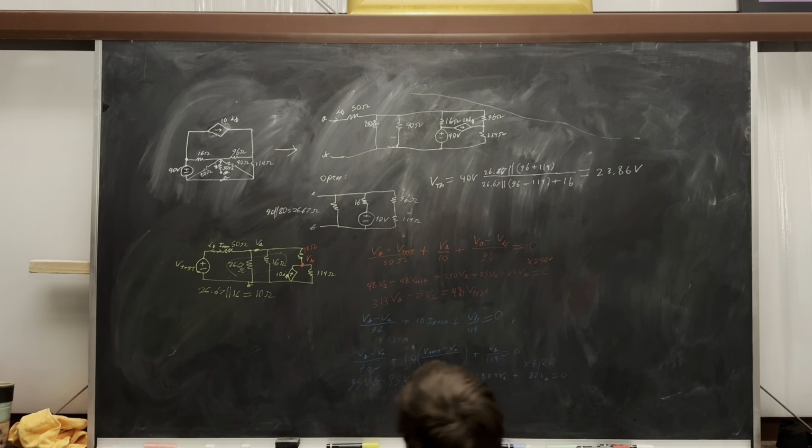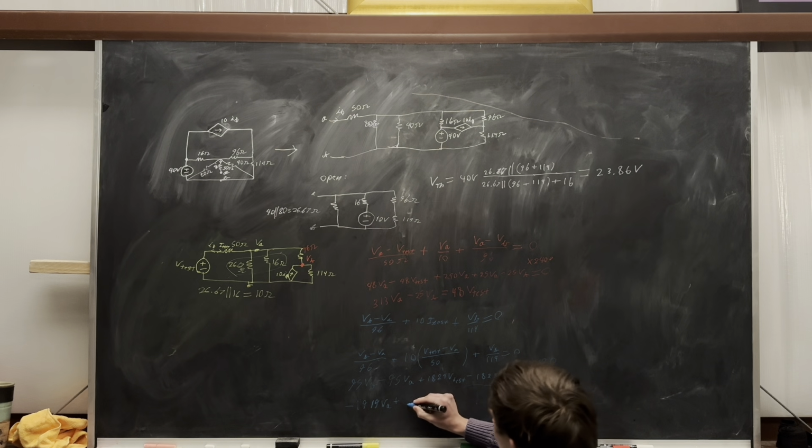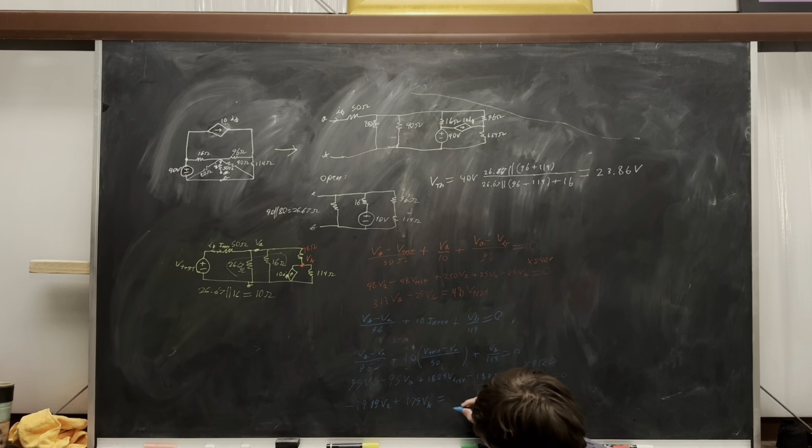Simplify that, you get minus 1,919 VA plus 175 VB equals minus 1,824 V test.